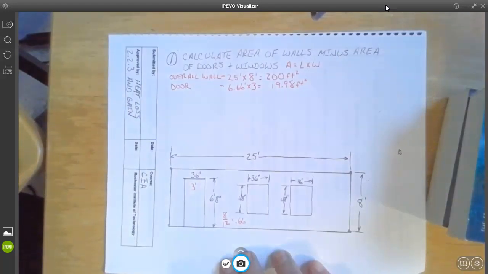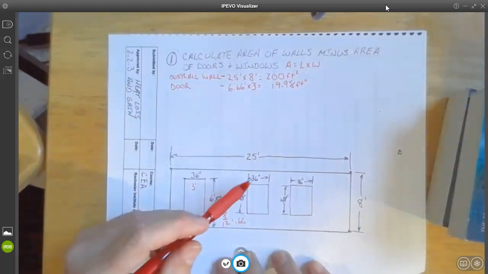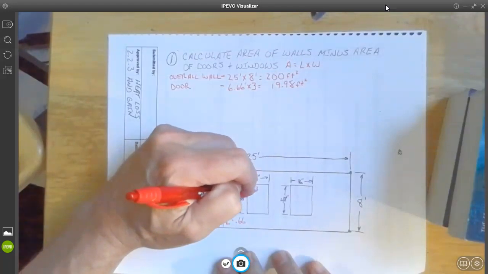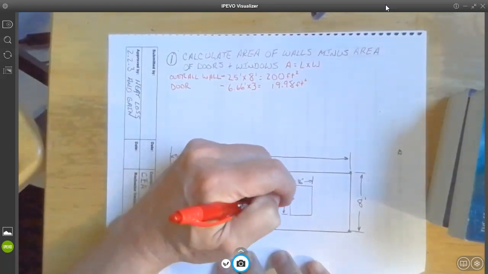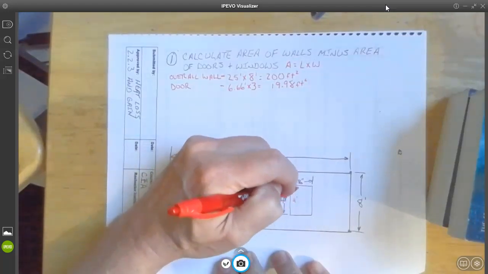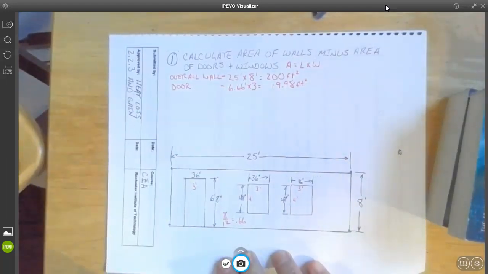Okay. Now we have our window. 36 inches, that's 3 feet. 48, that's 4 feet. Again, same thing over here, 4 feet and 3 feet.